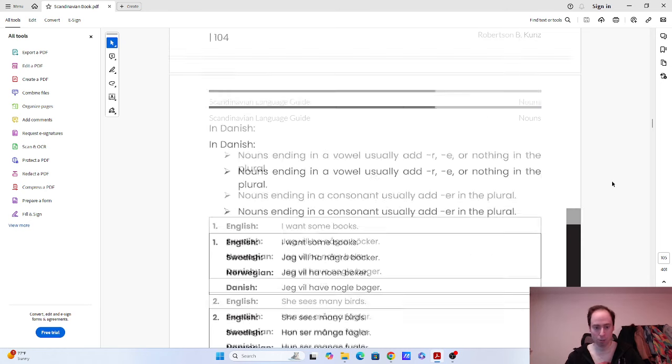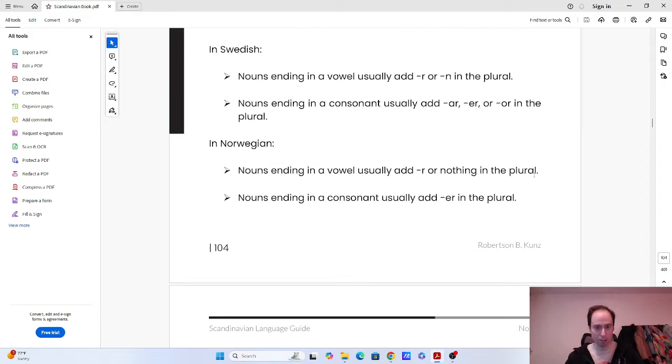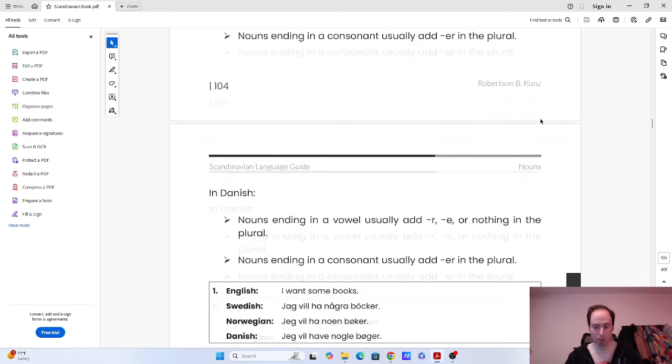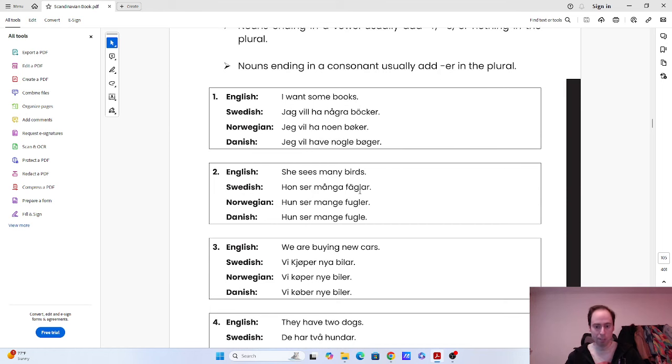But Swedish, Norwegian, and Danish are a bit trickier. There are some general guidelines that I put in, but these are not hard and fast rules. You need to memorize the plural form most of the time to know what's going on. However, there are some, let's say, patterns. For example, for birds, you'll often see this pattern of AR for Swedish, ER for Norwegian, and E for Danish.